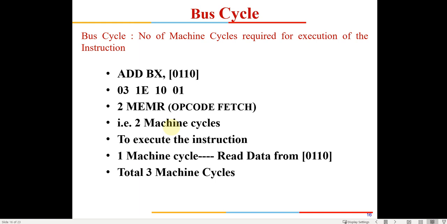Now to execute this instruction, this data which is available in 0100 needs to be brought into a temporary register of the ALU for it to add, right? So that fetching of the data will take one machine cycle. It's a read operation, right? 4 clock cycles read operation. So that is why you will have one more machine cycle in the execution part.